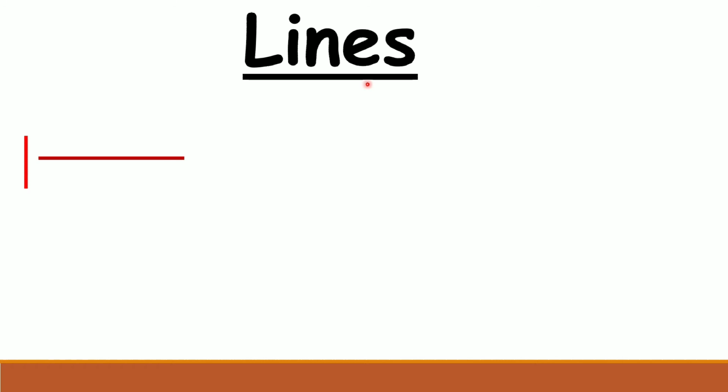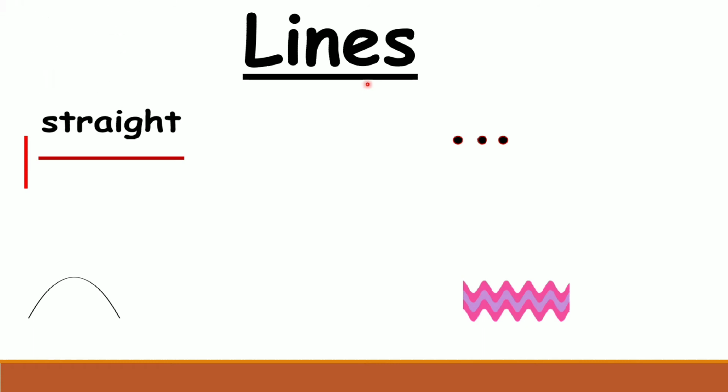We have that kind of line. We also have that kind of line. We have that kind of line. And lastly, we've got that kind of line. Now we are going to find out how each kind of the line is called.